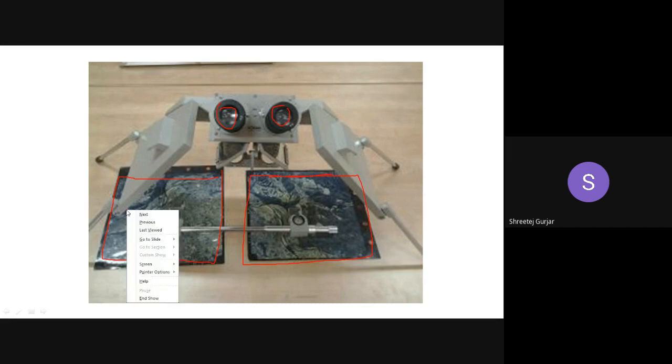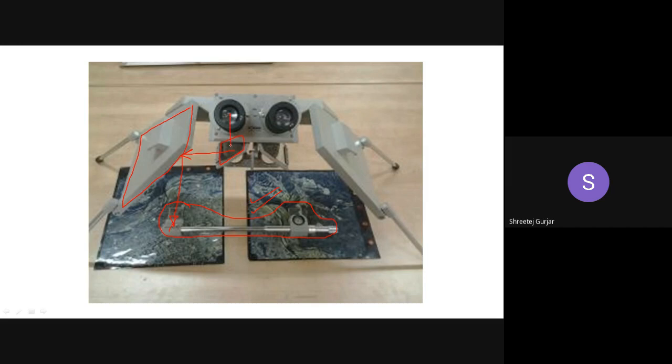Coming to a few other details, this is a parallax bar which you see over here. We shall get into the details of the parallax bar later on. You can see here we have one mirror, and this is also a mirror. The side facing downwards has a glared side.